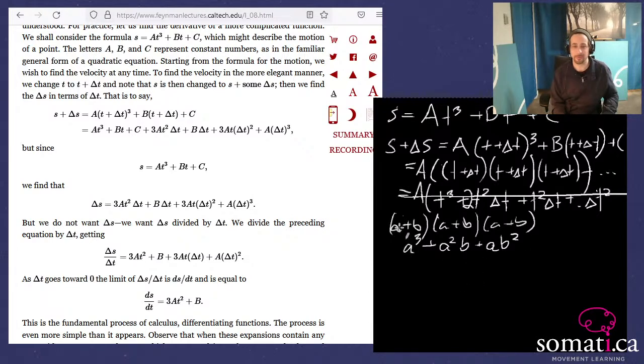Is that all the options? Yeah, there's 3. No, that's not right. This one times this times a times a. This one times a times b.